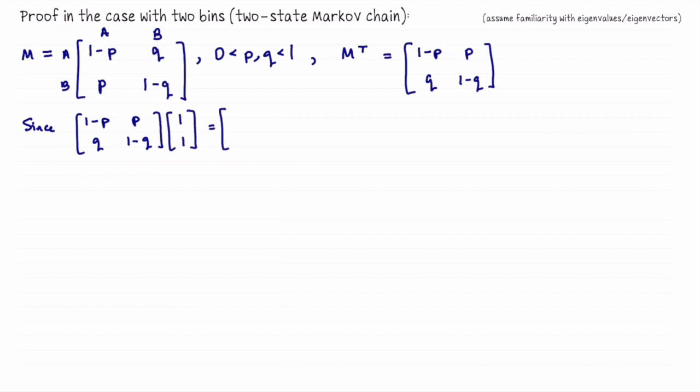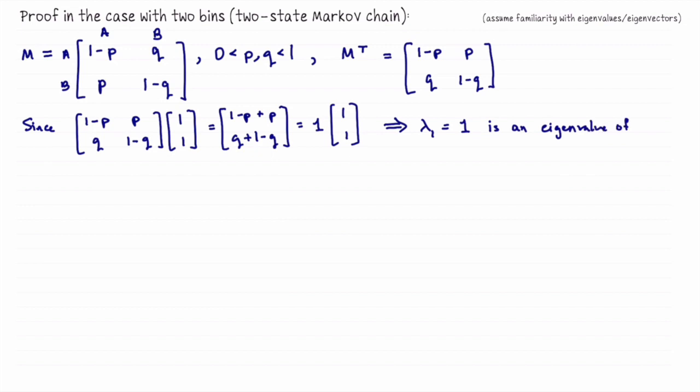It returns 1 minus P plus P, and Q plus 1 minus Q. Notice that returns you back 1, 1. And in fact, let me write that as the number 1 times the vector 1, 1. That is exactly what it means to say that 1 is an eigenvalue of M transpose with eigenvector 1, 1.